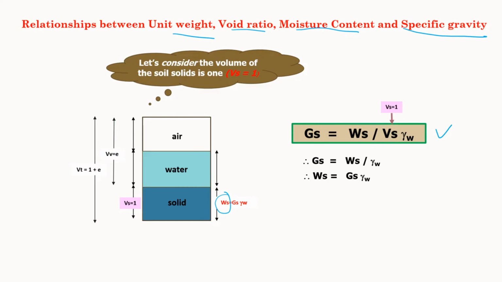By rearranging the equation, we simply get weight of solid equal to specific gravity times unit weight of water, because we already consider that the volume of solid is equal to 1. So we have another equation for the solid component based on weight.